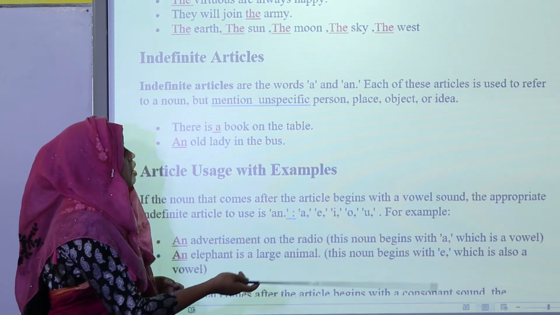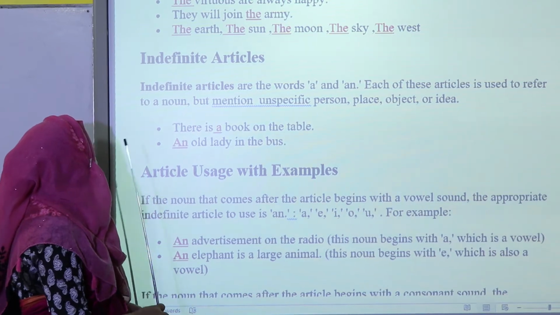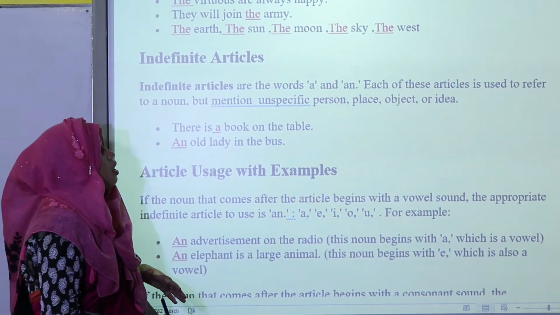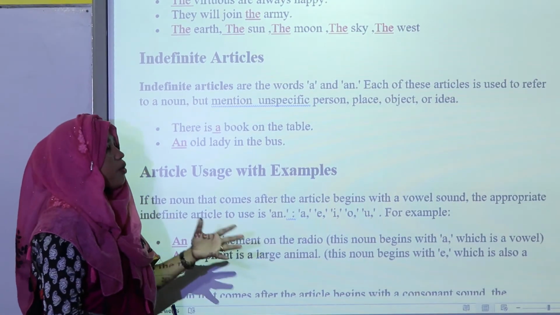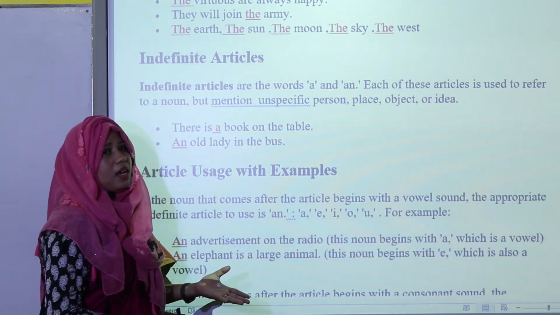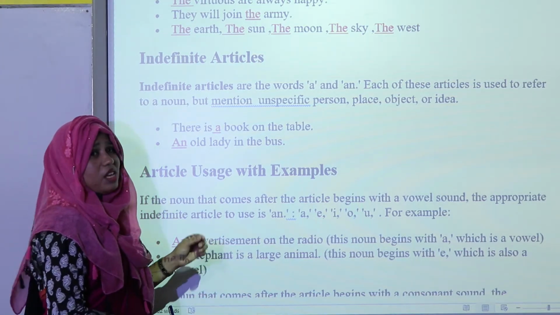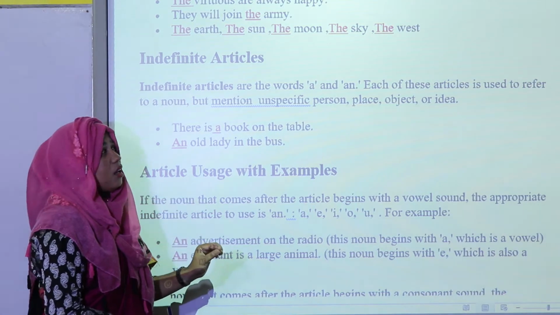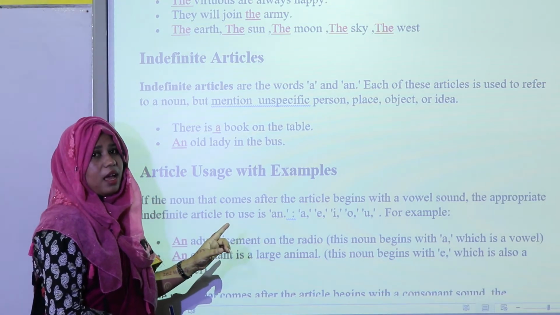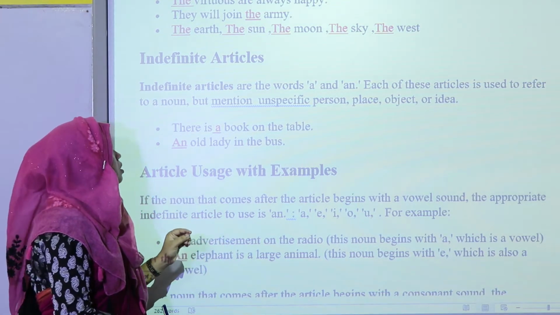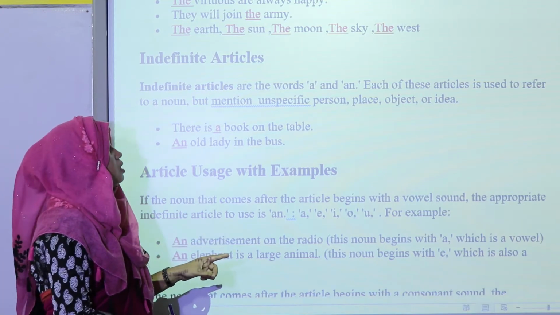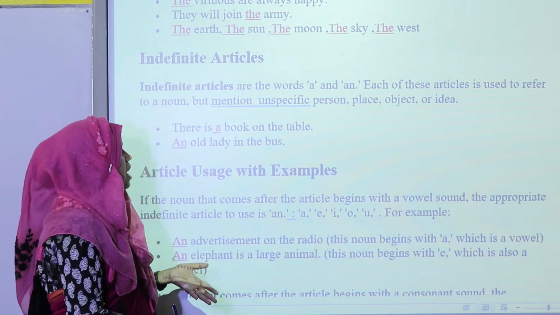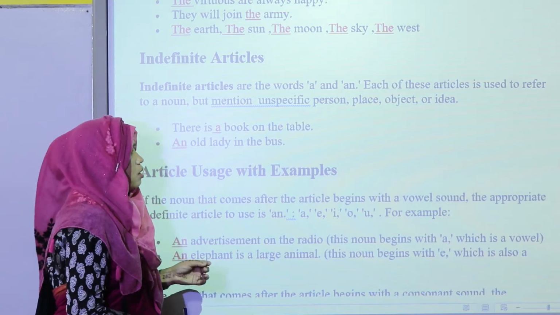Each of these articles is used to refer to a noun but not a specific person, place, object, or idea. When we use the article the, it means specifically and directly identified. But when you use the indefinite articles, there is no direct mention or specification.